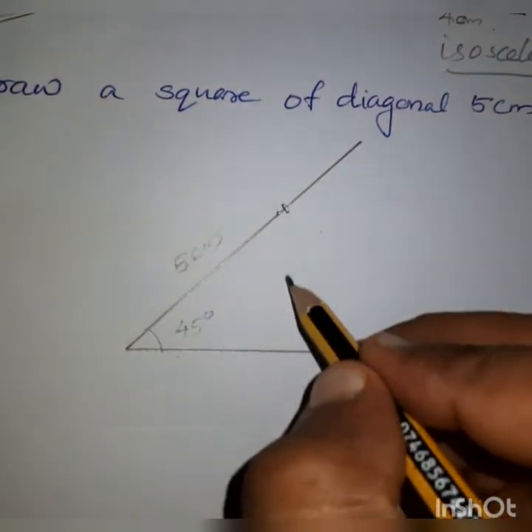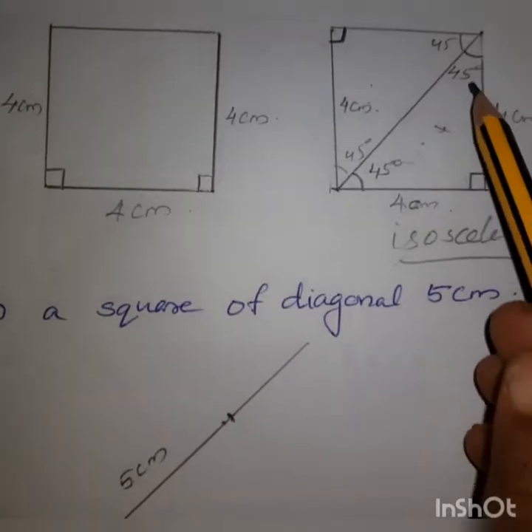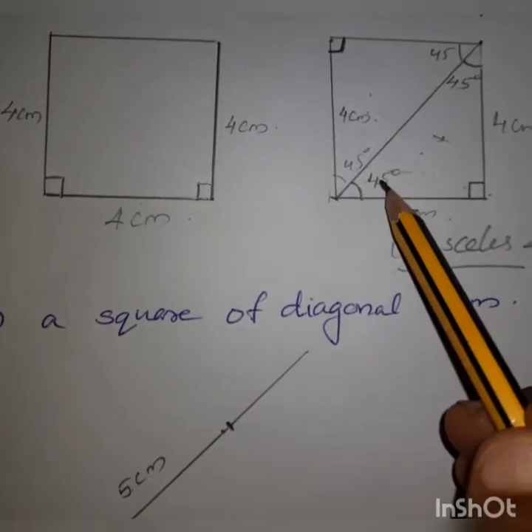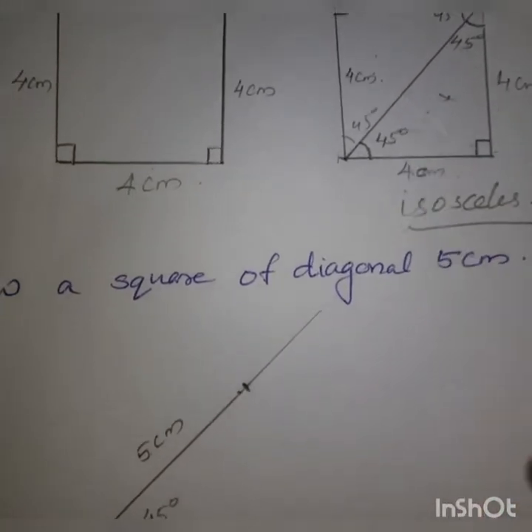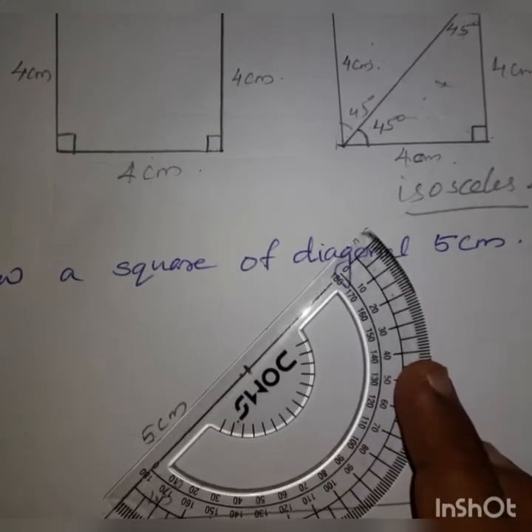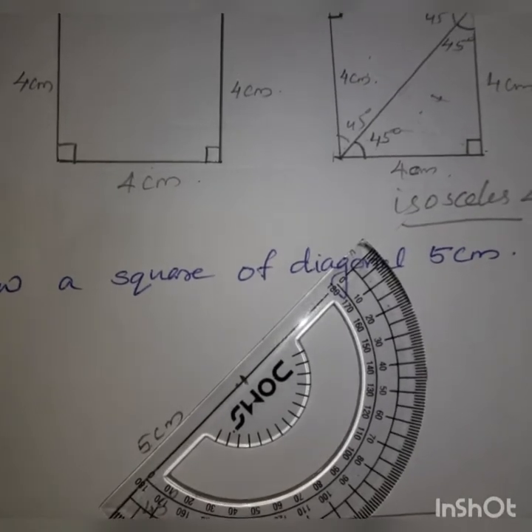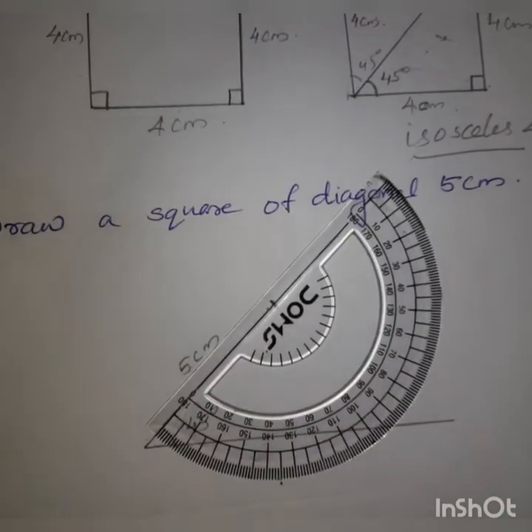Then you have to draw a perpendicular here. We have studied that the base angles are the same. So from this angle you can take a 45 degree angle. Mark 45 degree, and that is the point.